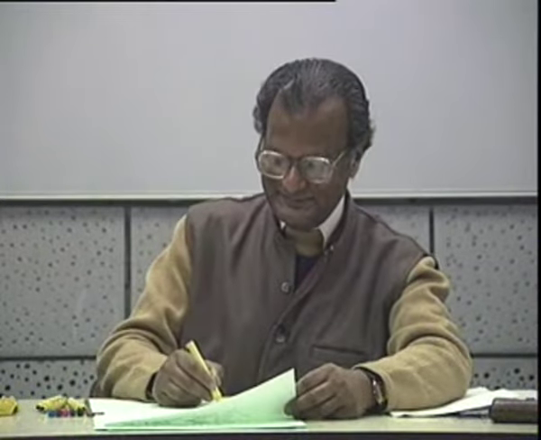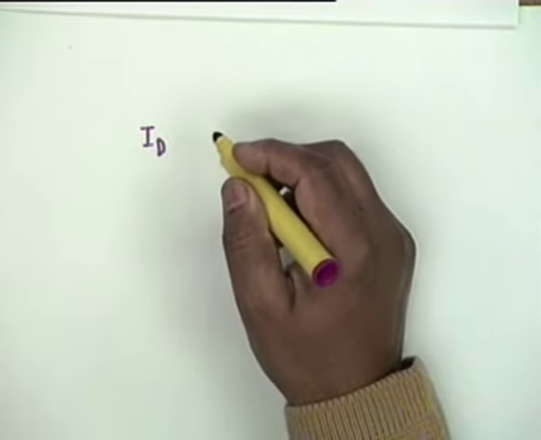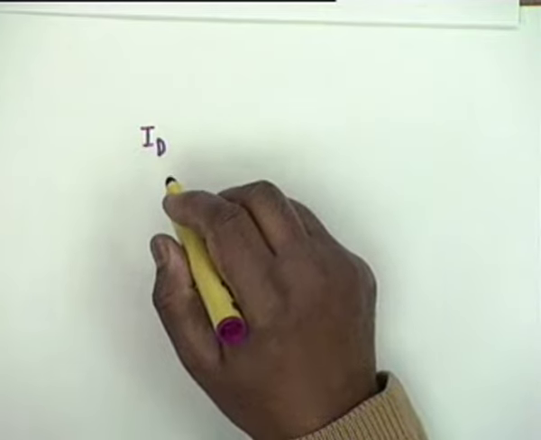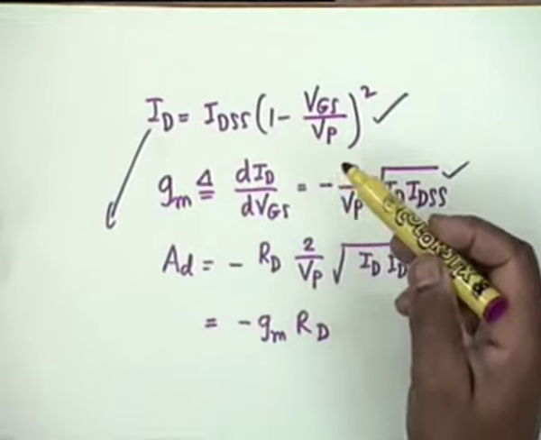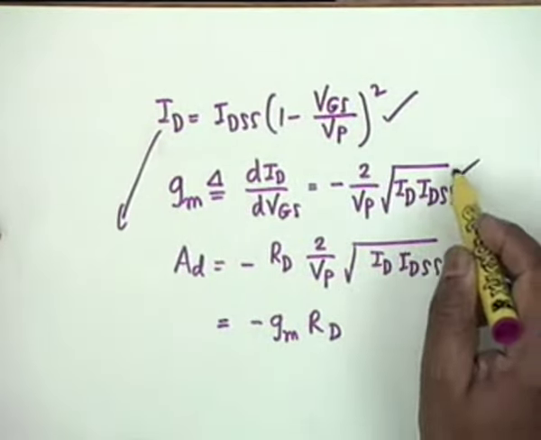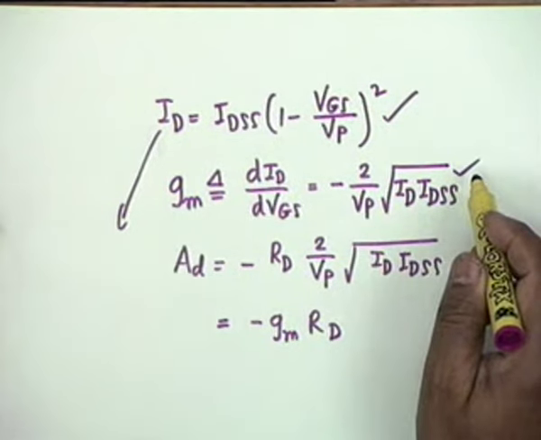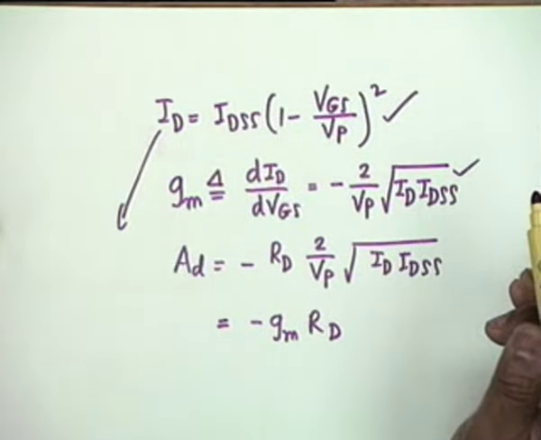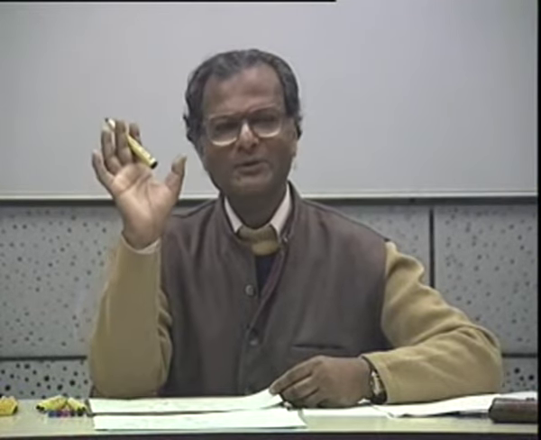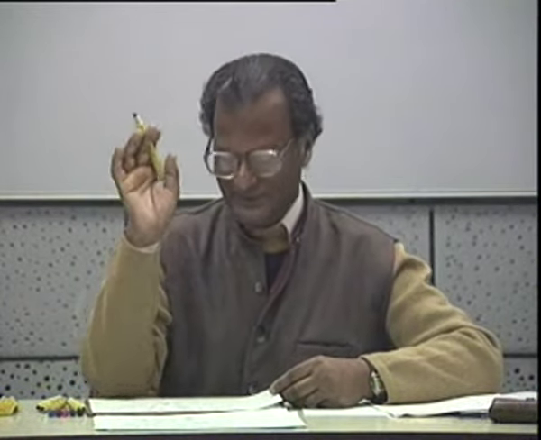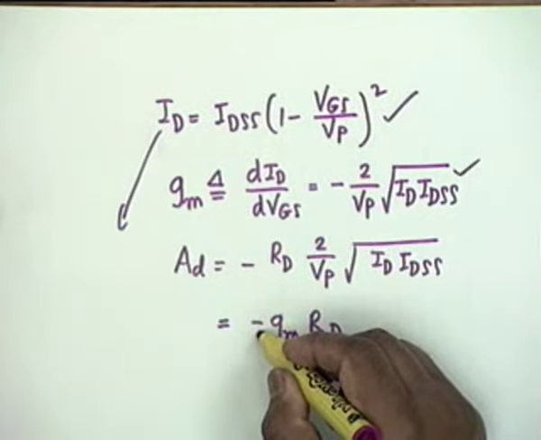Okay. VP is negative. So it will come out to be positive. So GM becomes positive. In the expression, this expression is correct? Yeah. VP negative, GM positive. So minus 2 by VP. So VP is a negative quantity. One at a time. What is the question? Should be plus. This should be plus?